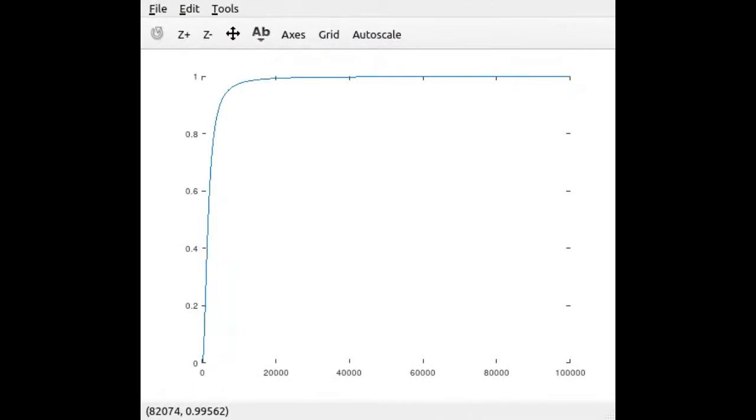All right, so this is what the plot looks like. Part of the issue with this plot is, if you look at the plot, down here at the bottom is my frequency.